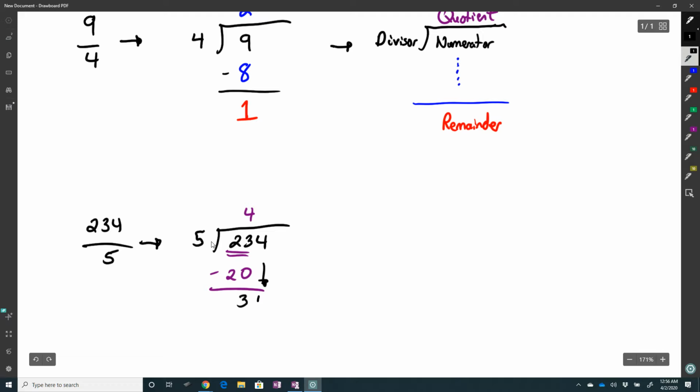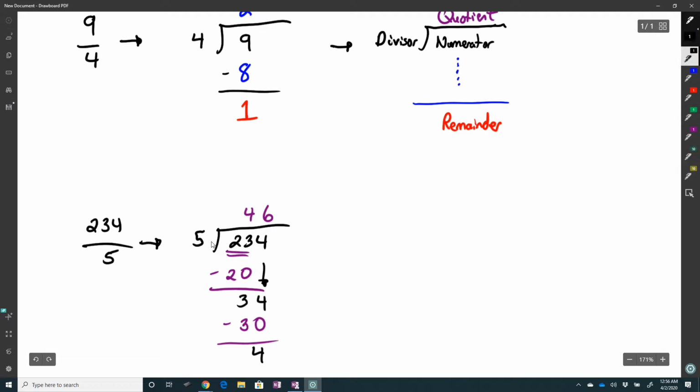Bring down the 4. 5 fits into 34 6 times. 6 times 5 is 30. Subtract. And we end up with the remainder of 4. And so from there, I know all my pieces.